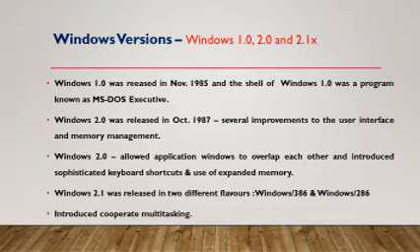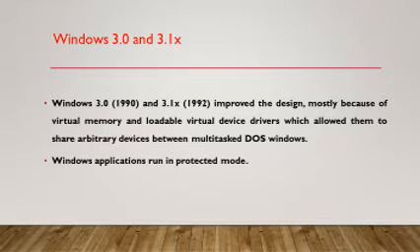This is also a kind of update for the different Windows versions. Now we have Windows 3.0 and 3.1x. After Windows 1.0 we have 2.0 and 2.1, then Windows 3.0 and also 3.1x.